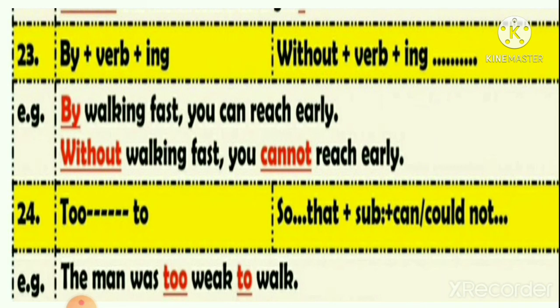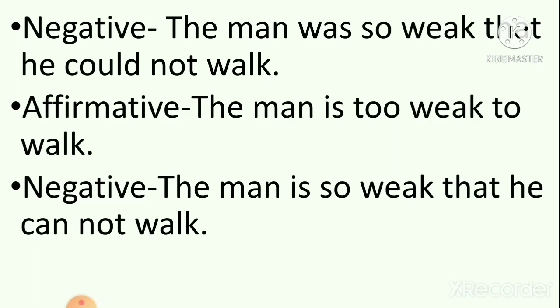And if the sentence starts with "too" plus adjective plus "to": the man was too weak to walk, so the negative will be: the man was so weak that he could not walk. We must remember that if the sentence is in present form, we must use "cannot", and if the sentence is in past form, we must use "could not".